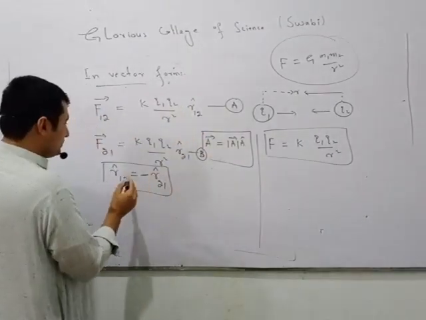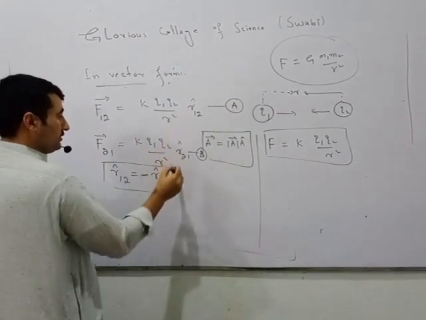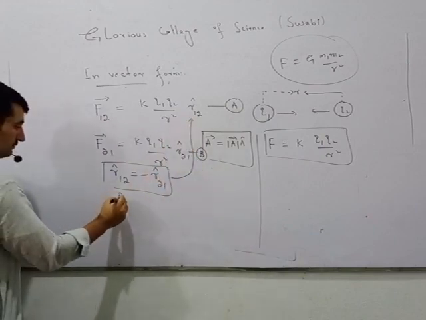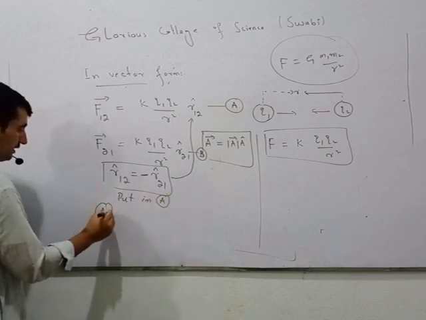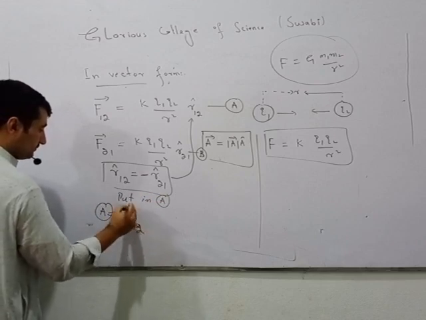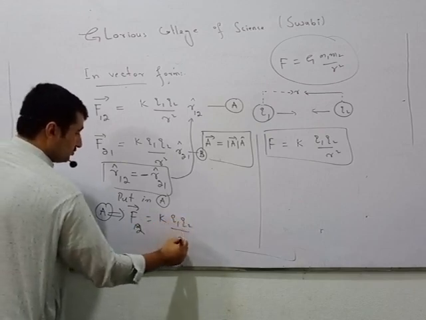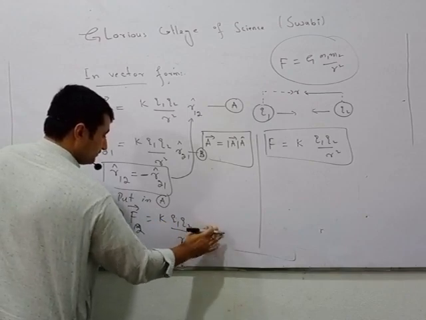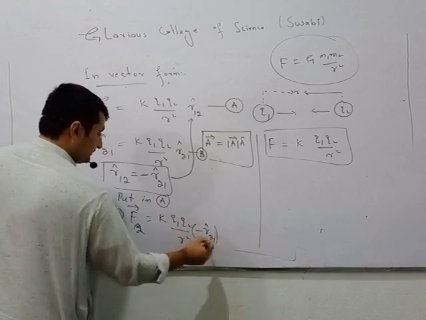So if you put this value, R12 equal to minus R21, in equation A, then what we get? Put in equation A. Equation A implies that F12 is equal to K Q1 Q2 divided by R square into minus R21. This is the unit vector, remember.